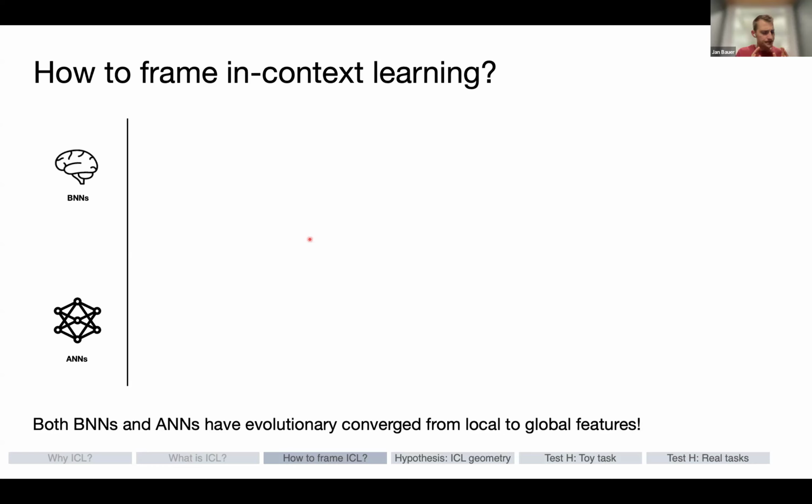Okay, so now I want to take a step back and, after defining what in-context learning is, zoom out a bit. One goal is to try establishing a frame in which to talk about in-context learning, but really also to recapitulate the process that Jan and I had with our joint background being in computational neuroscience.